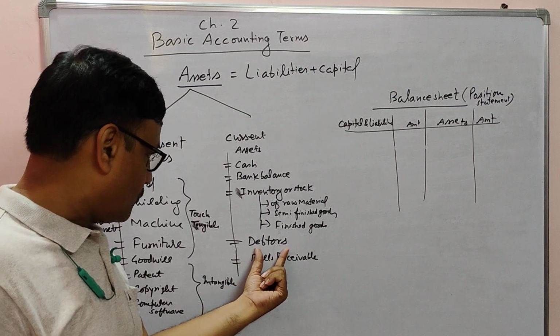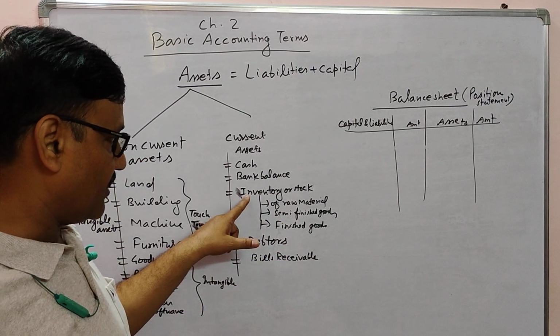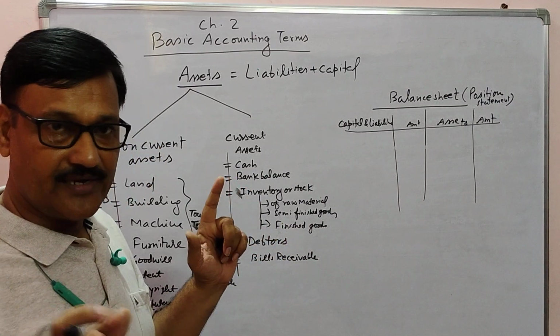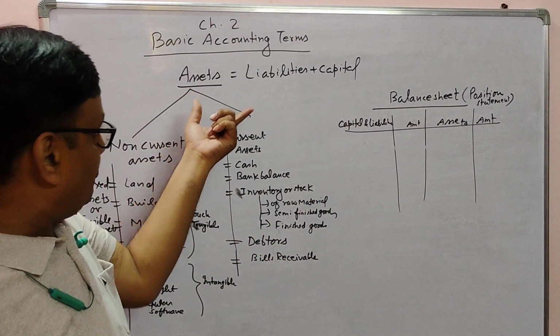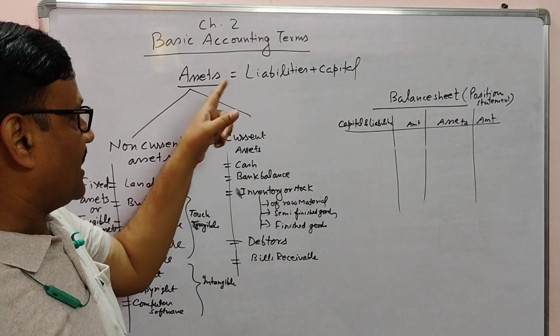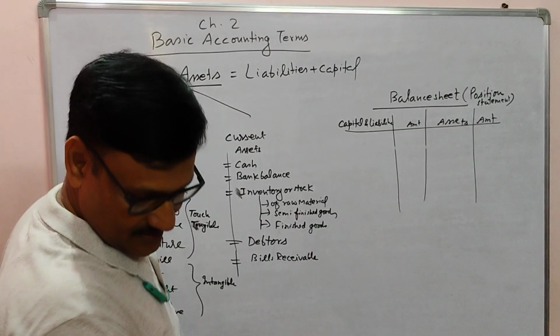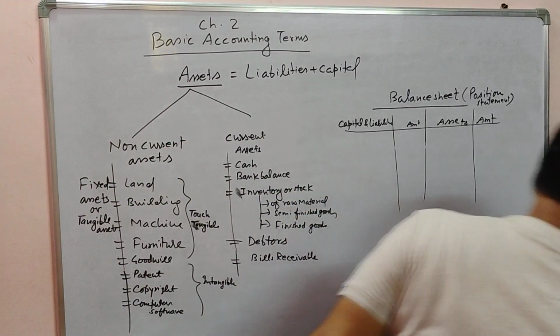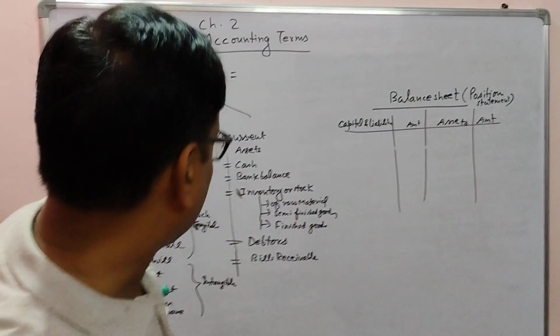Now, debtors, bills receivable, already I told you. Inventory, different types of inventory, I told you. Let us come back to this equation. Asset is equal to liabilities plus capital. Let me write it.